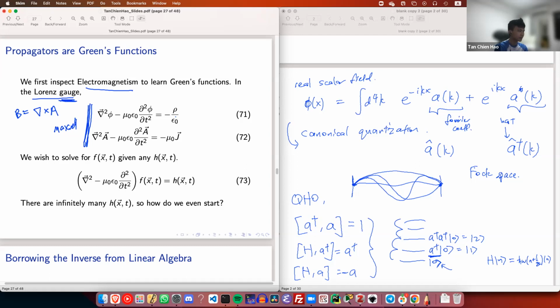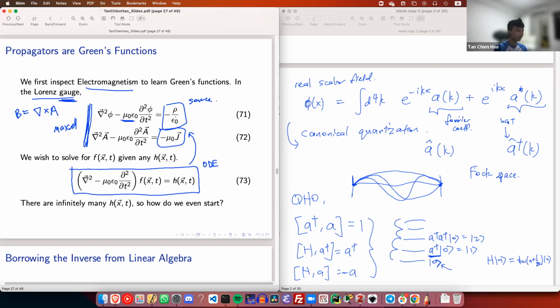We see that there's a very repetitive structure: some nabla squared, and then these constants, and then partial derivative squared over time equals some source terms. If we manage to solve a general form for a general ODE like that, then that answers our electromagnetism questions for all functions.